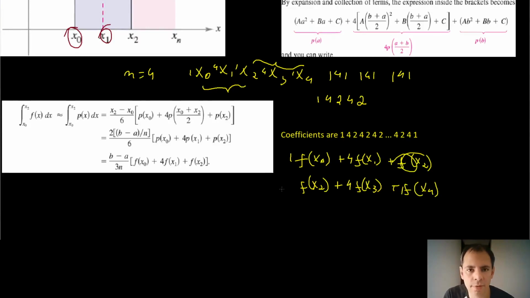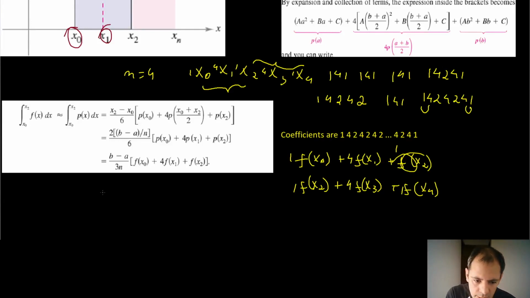The first one is going to have a coefficient of 1, but this one is 1 and this one is also 1. You add these ones together and you get a 2. That's why the pattern is going to be 1. If it's just one set, 1, 4, 1. If it's 2 sets, it's 1, 4, 2, 4, 1. If it's 3 sets, it's 1, 4, 2, 4, 2, 4, 1. So you can see that it begins with a 1 and a 4, and it ends with a 4 and a 1.